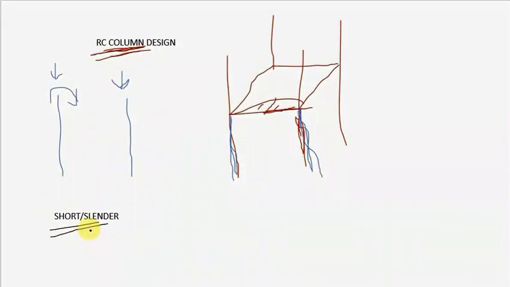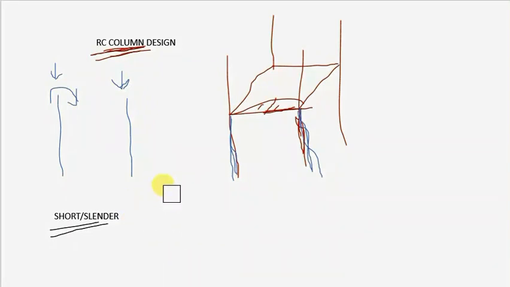BS 8110 defines a short column as one where the effective length, we call it l subscript e, the effective length divided by the dimension of the column in the direction of bending. Let me do a sketch to enhance a bit of understanding.